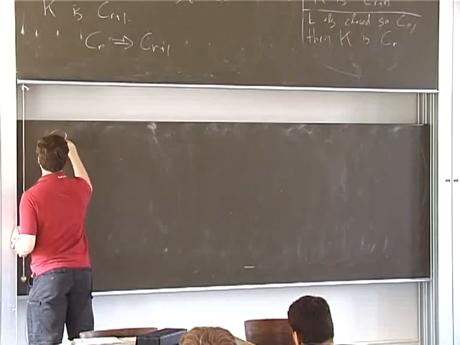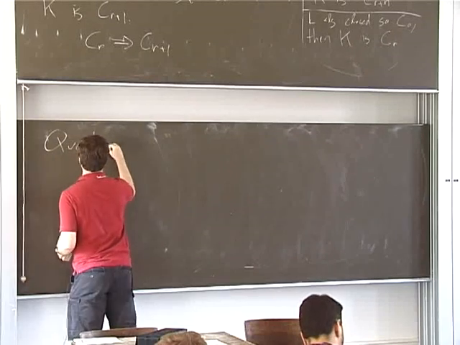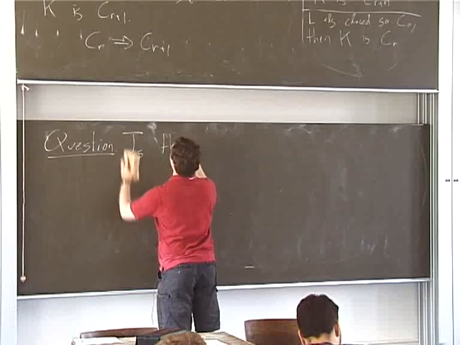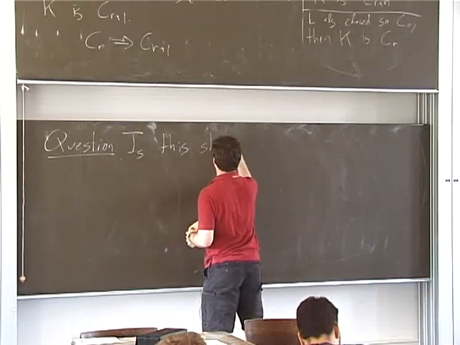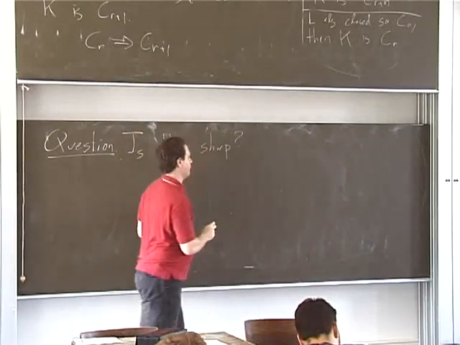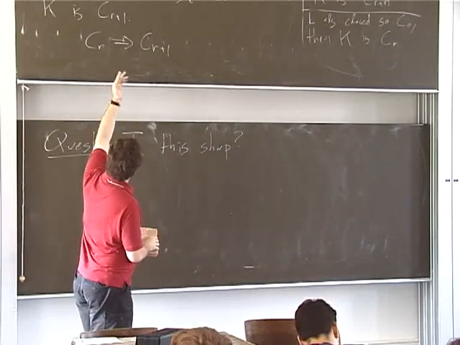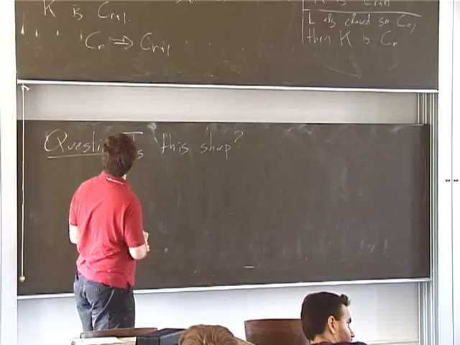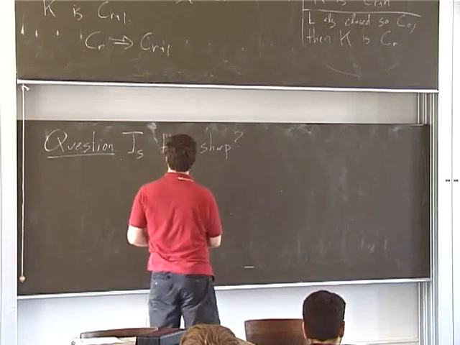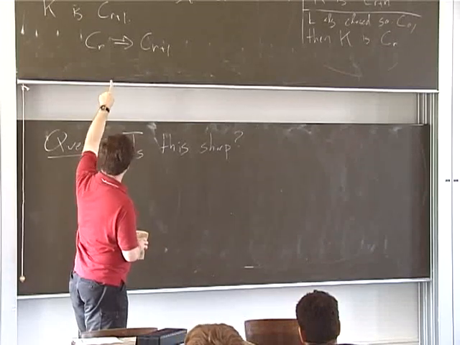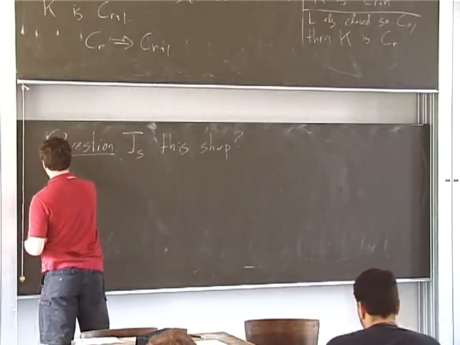The question, which is a very good question, is: is this sharp? Could you prove a stronger theorem than this? When you look at this theorem, maybe if little k is CR, then also capital K is CR. Why do we have to go from CR to CR plus 1? But the answer is, if you want something this general, then it is sharp. So is this sharp? Yes.